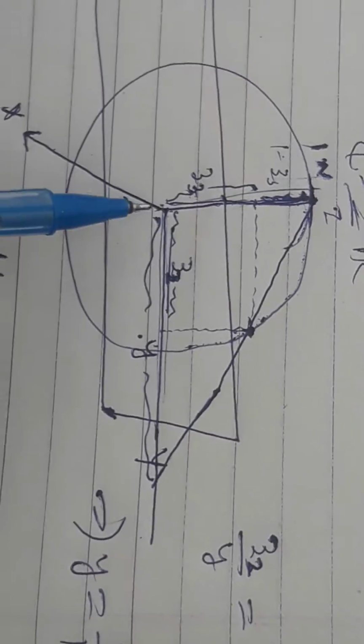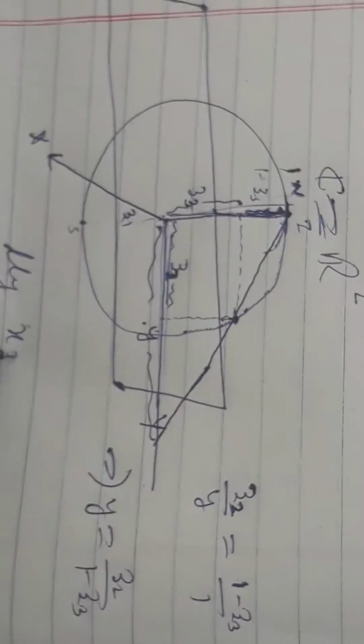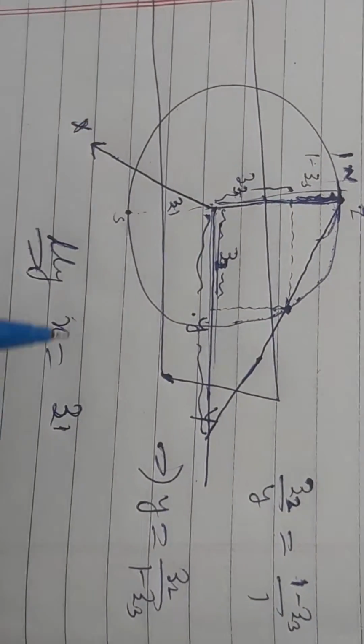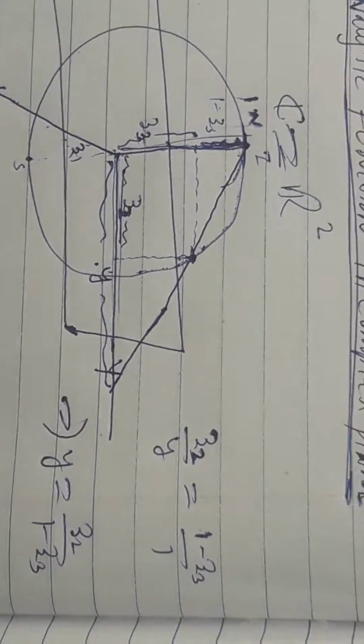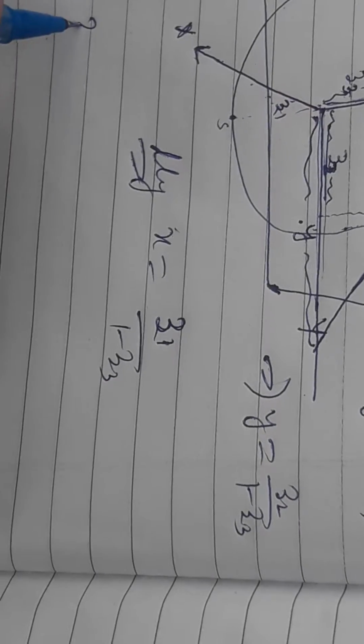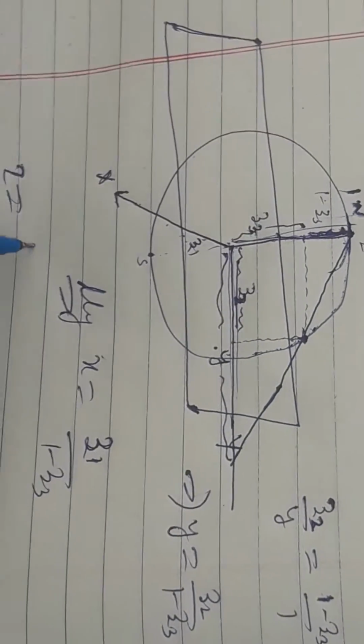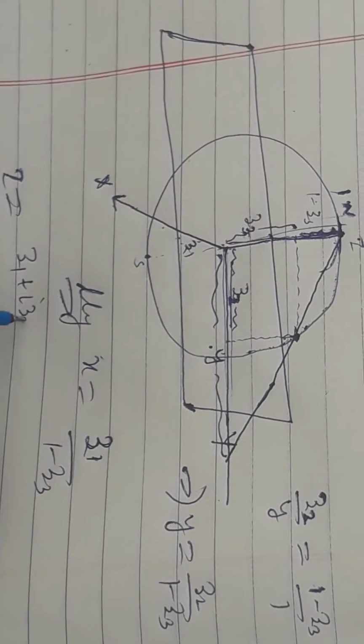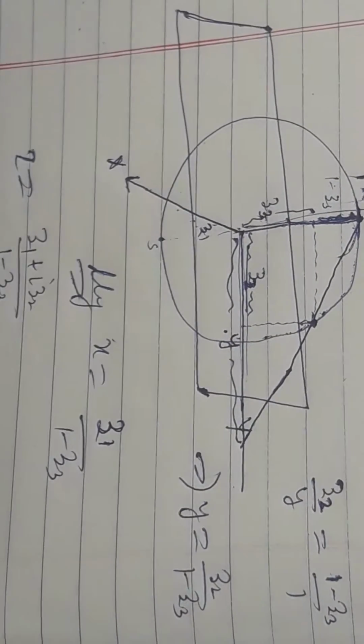Similarly, along the x-axis, we get x equal to xi1 upon 1 minus xi3, and z equal to xi1 plus i times xi2 upon 1 minus xi3.